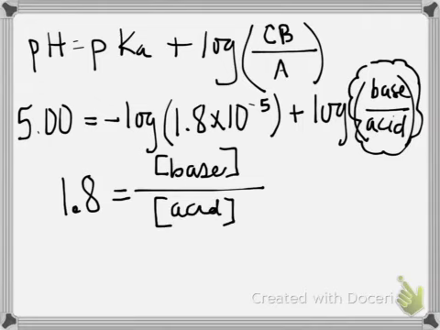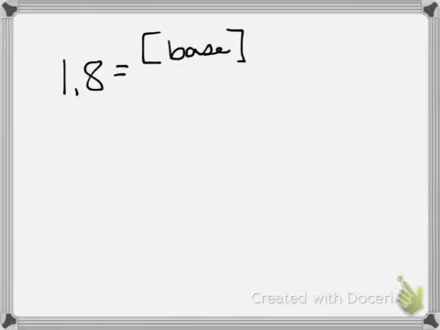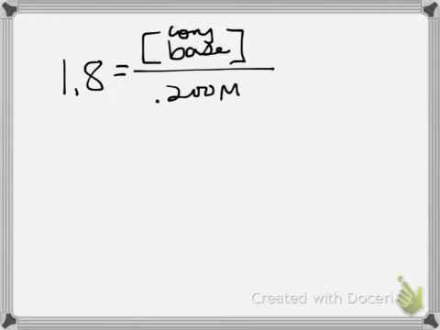Now, one of those was given in the problem. The acetic acid molarity is 0.200. So we're going to plug that in. So 1.8 equals the concentration of the base, again, the conjugate base, the sodium acetate, over the 0.200 molar acetic acid.